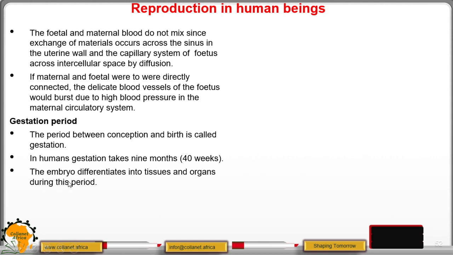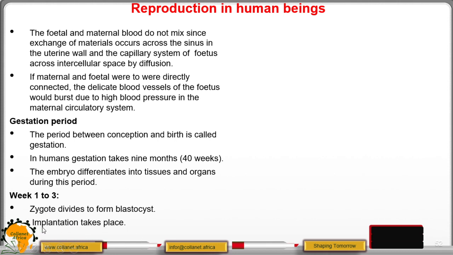During this period, the embryo differentiates into tissues and organs. So let us look at what happens within the first 3 weeks. The zygote divides to form a blastocyst, and implantation takes place.